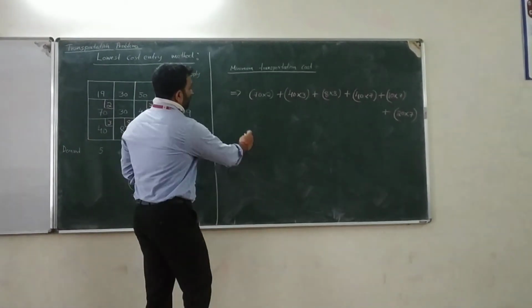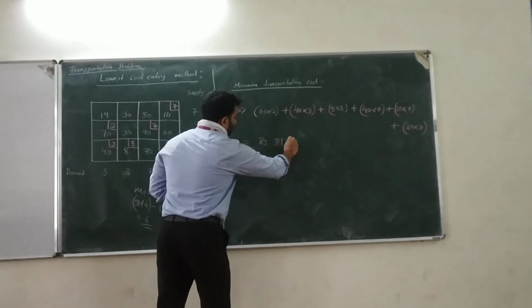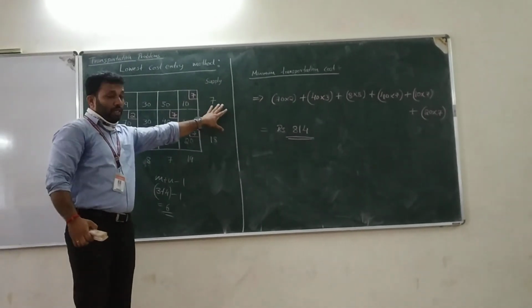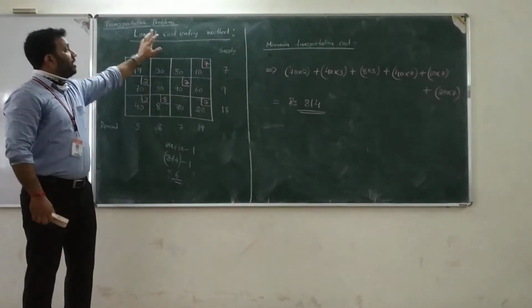So total we will get rupees 840. So this is the minimum transportation cost we have found out using the lowest cost entry method.